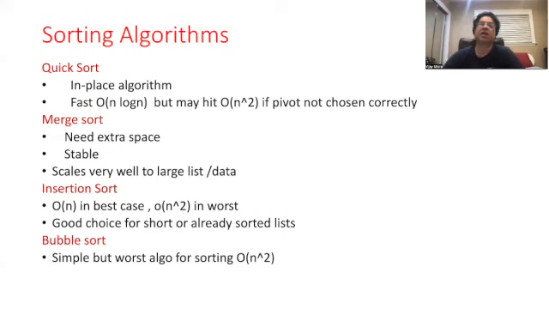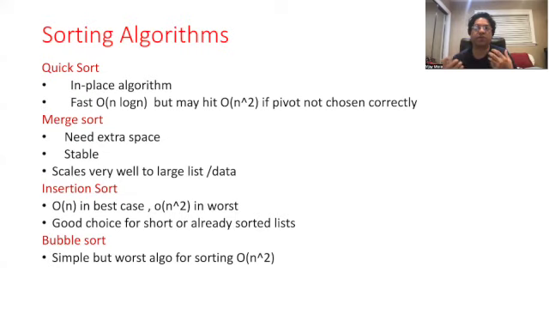Another good algorithm is merge sort. We need extra space in the case of merge sort. We call it external sort also in some sense, because you need an extra array for that. It is a stable sort. It means if we have two items in the original list and they are identical, and the first item is before the second item, we'll preserve that order.